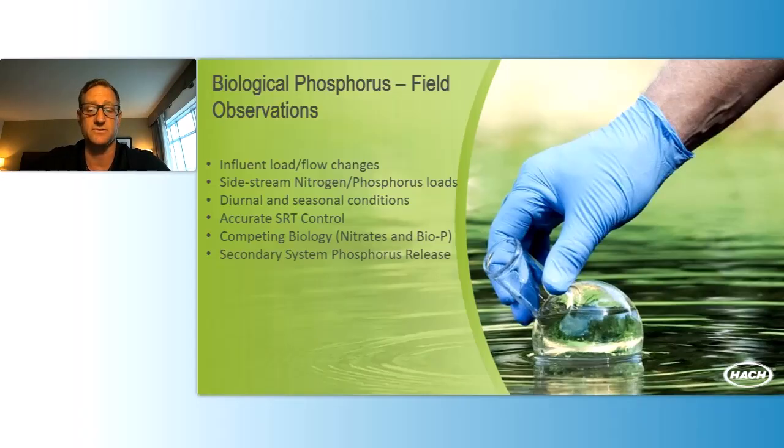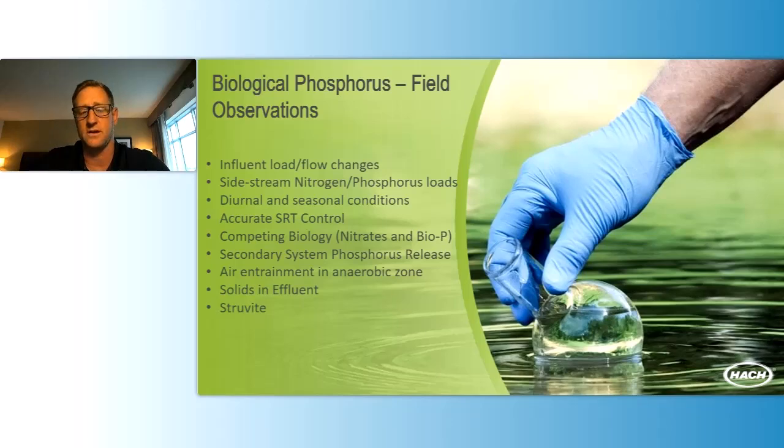Secondary system phosphorus release. If you have secondary clarifiers, solids that are held in those clarifiers can release phosphorus and add that to your effluent. And it may be something that's missed depending on how sampling is done for process control. Air entrainment in the anaerobic zone, solids and effluent.